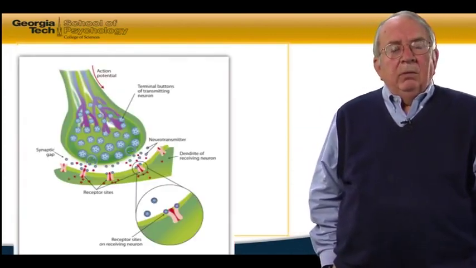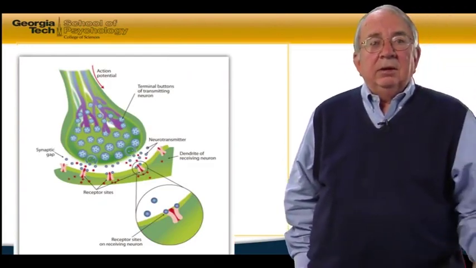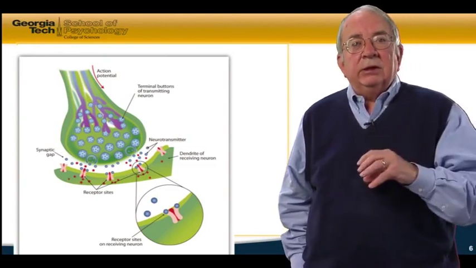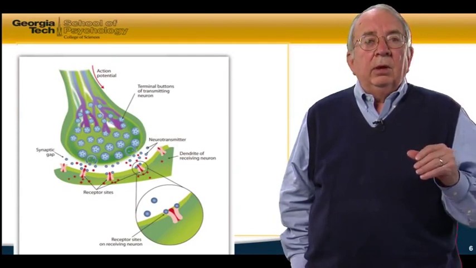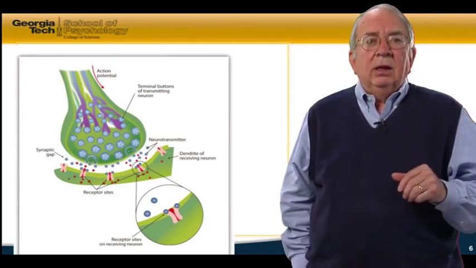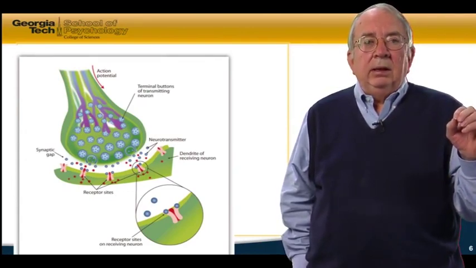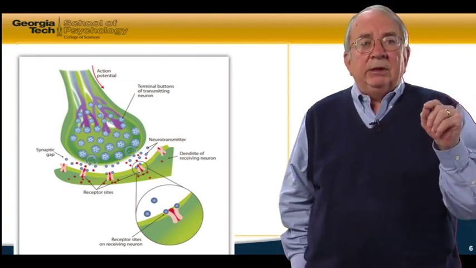Now, how does information get from the presynaptic cell to the postsynaptic cell, from the axon terminals of one cell to the dendrites of a later cell? It does that through a process at the synapse where things called transmitter substances are actually released from the presynaptic cell.